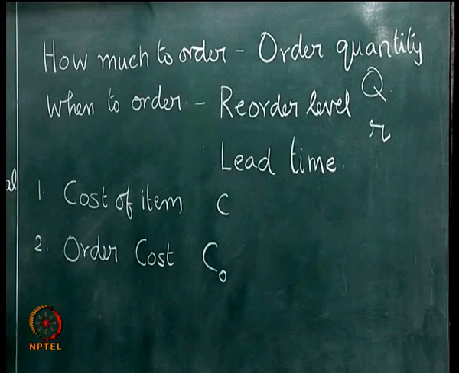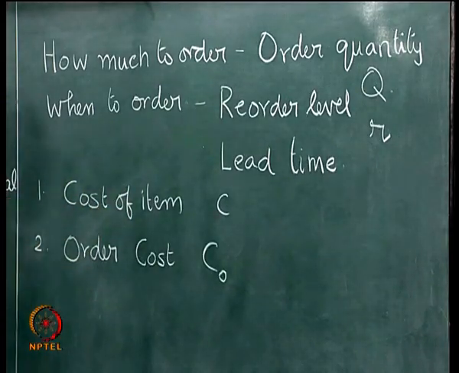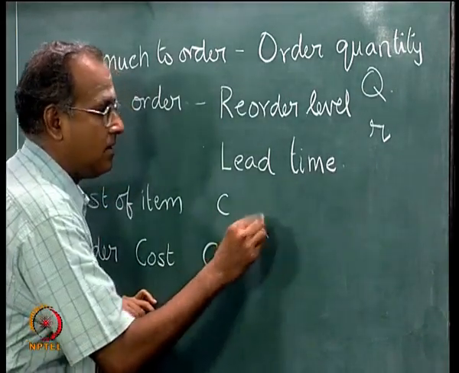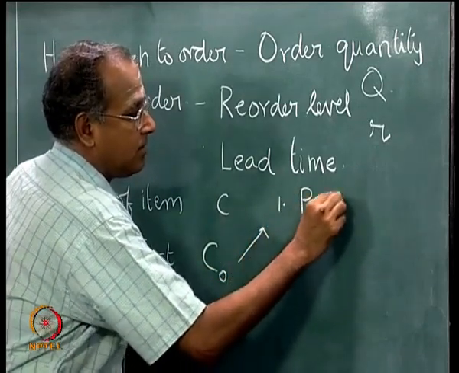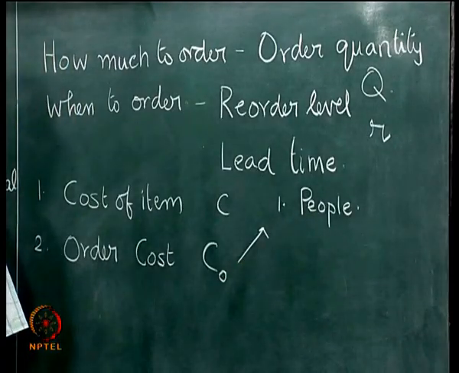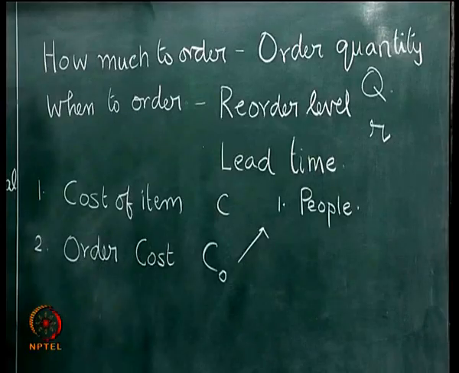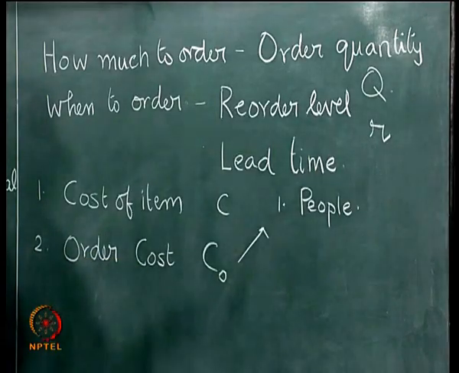Order cost has several components, some of which I will list here. First one is the cost of people or payroll, money given to the people who work in the purchasing areas. Their salaries have to be factored in and they become part of the ordering cost, because they order several items day by day.